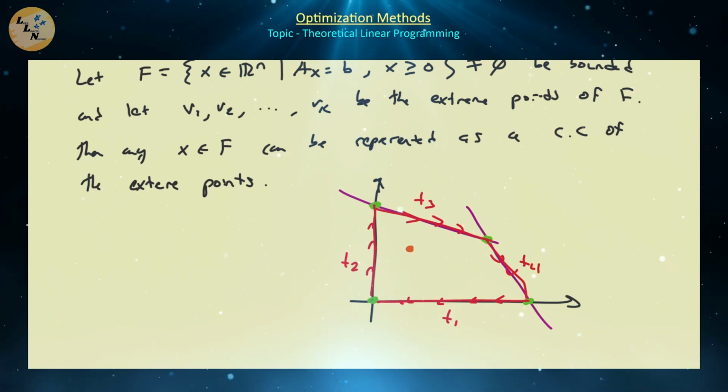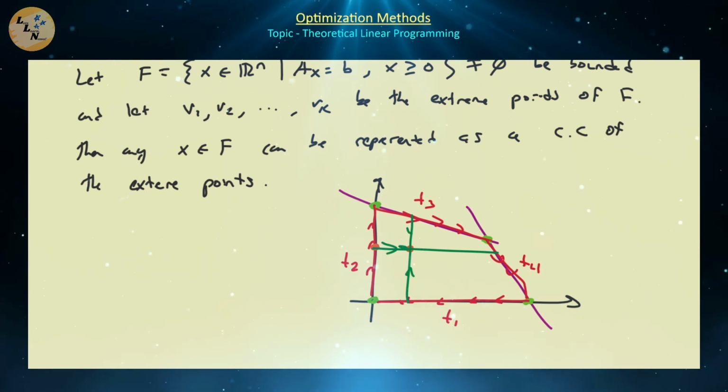then notice there exist T1, T2, T3, and T4, all belonging to, for example, 0, 1, that will generate that particular point within that convex region, right? So at least geometrically, that's what we're talking about here.